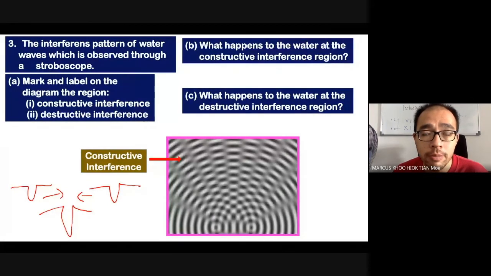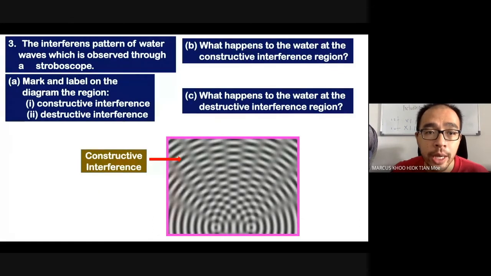So you assume that this black and this white are all super crests and super troughs, because these two waves over here are already interfering. So this whole region, all these very clear black and white regions, is constructive interference: crest and crest, trough and trough.